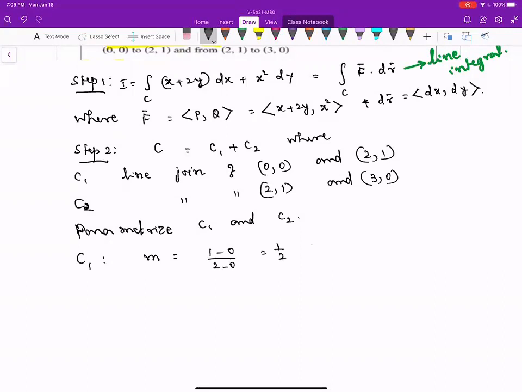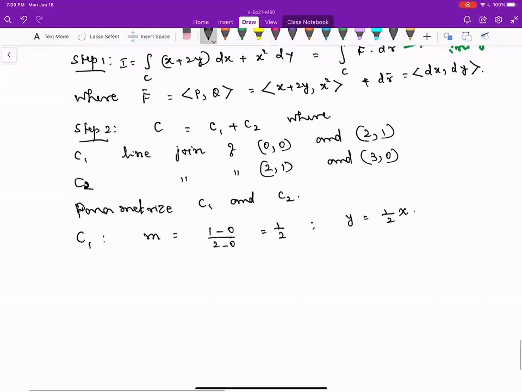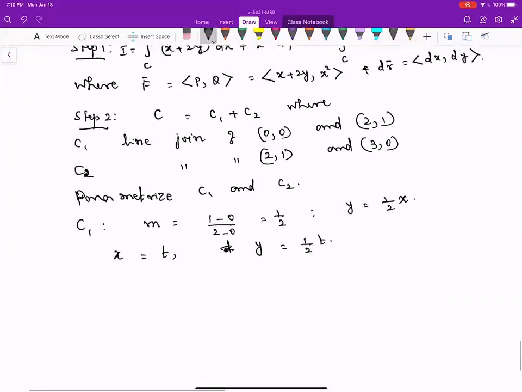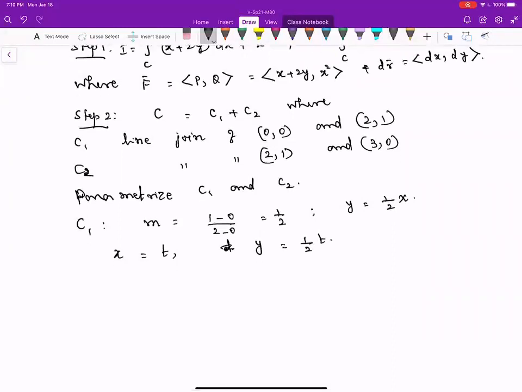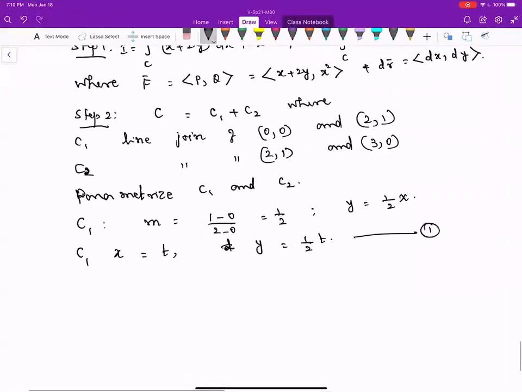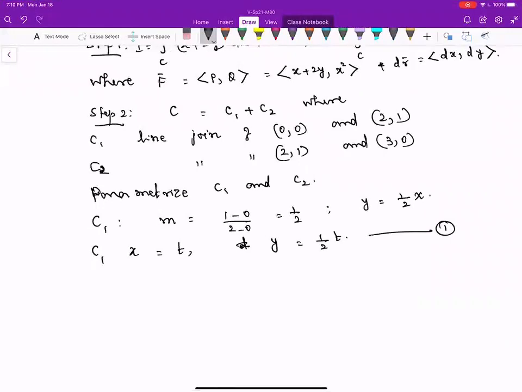As the line passes through the origin, the equation is y equals half x. How do I parameterize it? I'm going to write x as t, and then y equals half of t. If x is t, y is half of t. That is the parameterization of the first curve, the line joining (0, 0) and (2, 1).